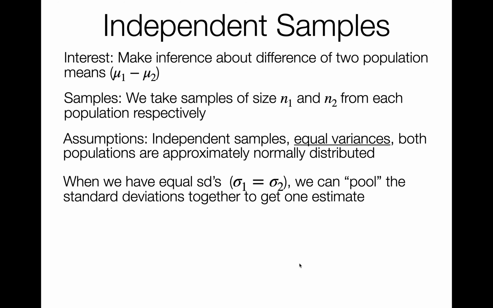When we have equal population standard deviations, sigma 1 and sigma 2, we can what's called pool the standard deviations together to get one estimate. So instead of having two sample standard deviations, s1 and s2, we're going to have one common one.